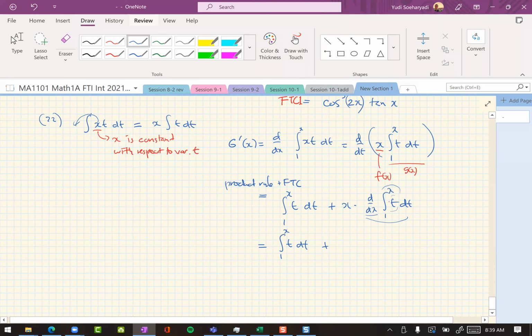So just leave it, it's just x. And without FTC2, so let's do this one.